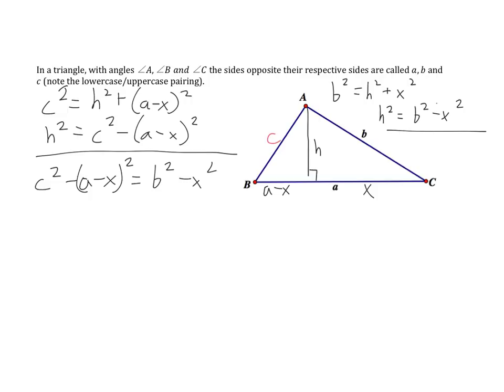So, I had to edit, sorry. We're going to expand c squared minus x squared plus, or minus then, 2ax plus a squared. We'll distribute that negative later, and b squared minus x squared.